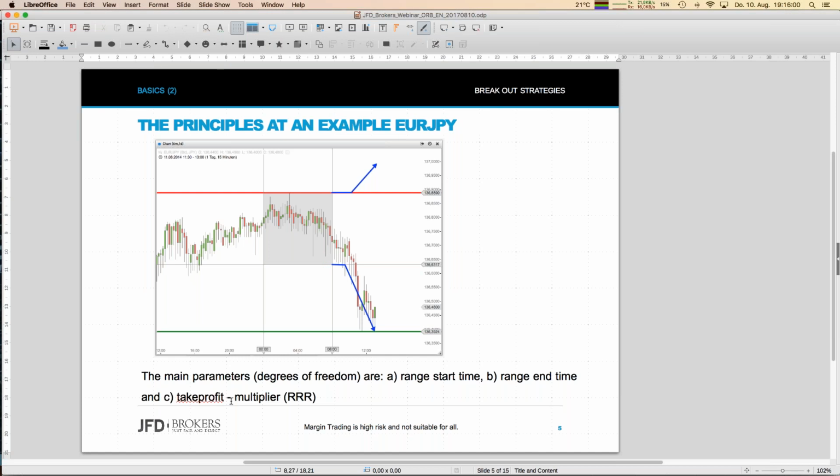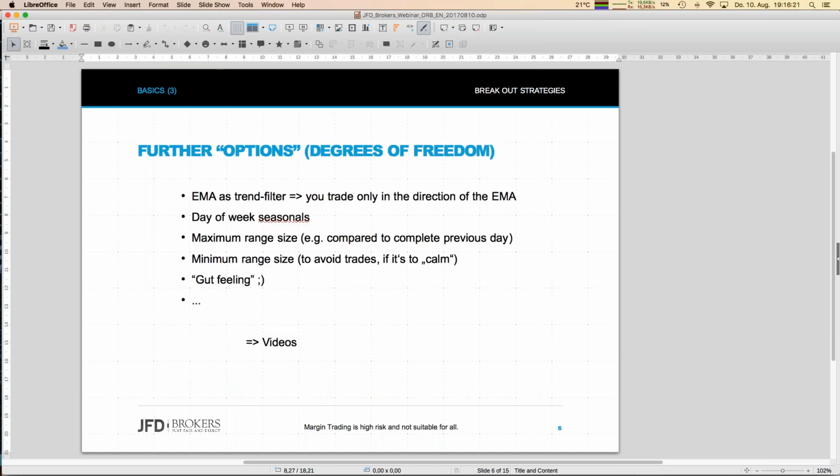If we go on for euro, it might be maybe 8, 9, 10 o'clock. And then later the US dollar comes into play. So therefore, different times for different underlyings. But before we go into the exact good parameters, let's think about further options about that kind of strategy.